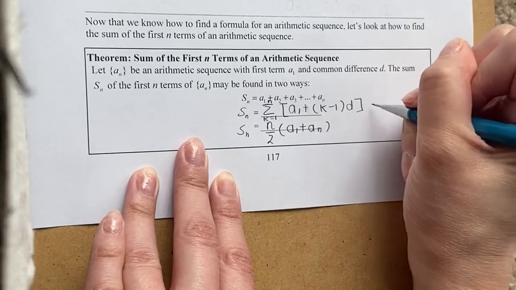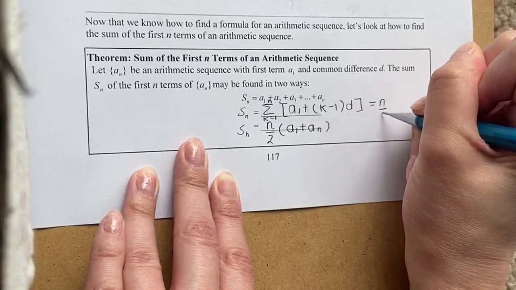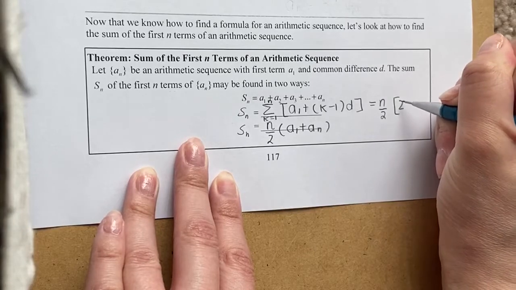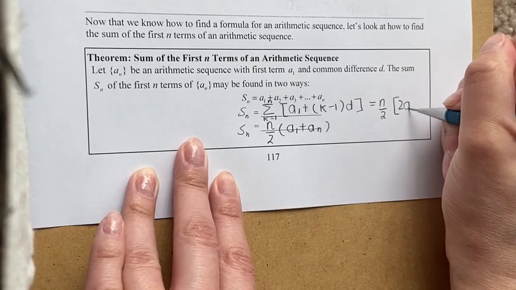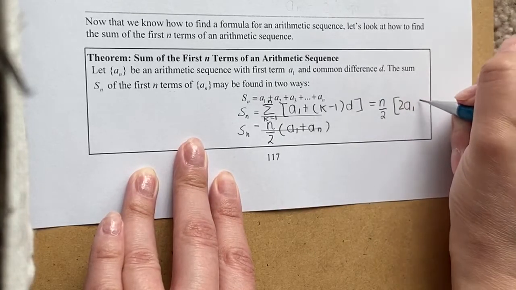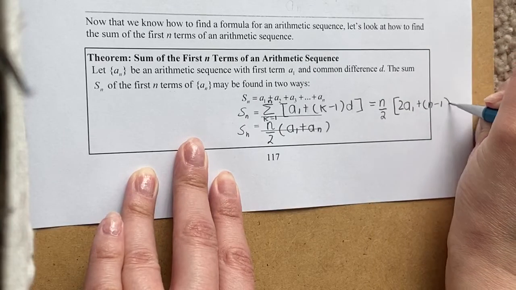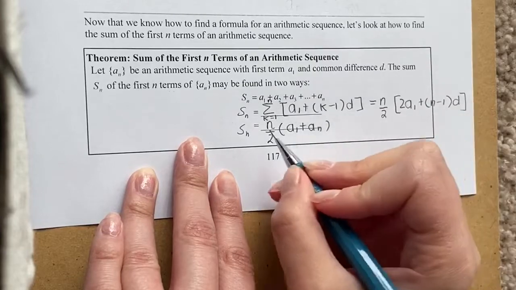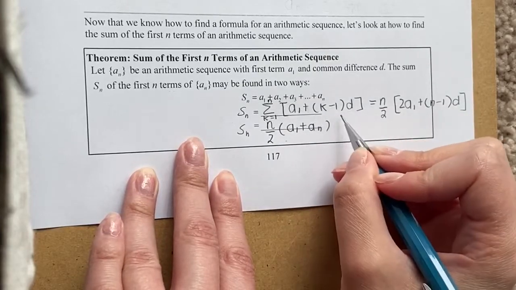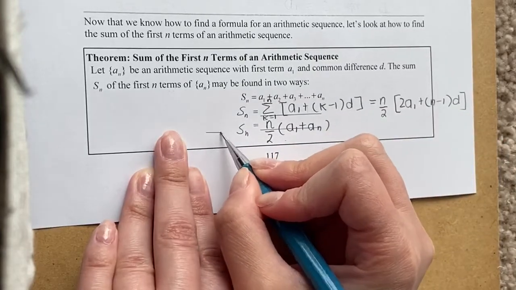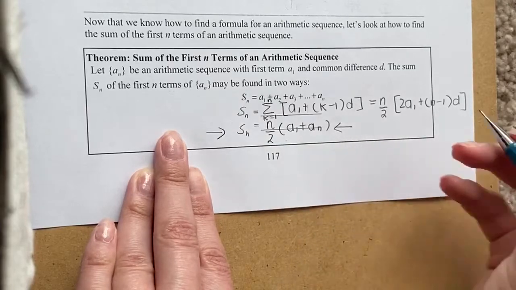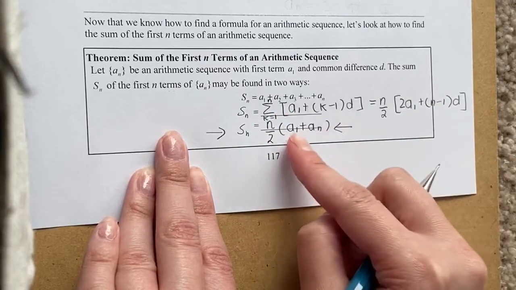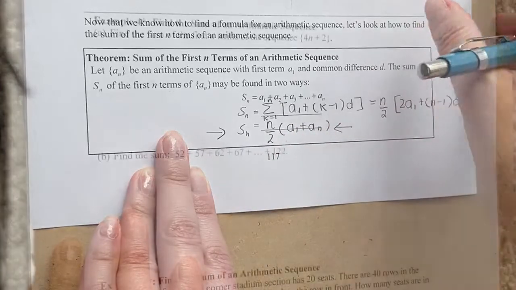This is equal to n divided by 2 times the bracket 2a sub 1 plus n minus 1 d. This formula comes from that too, but what you need to remember is the first one, the one we're going to use. I just want you to know where it comes from, that it's not that magical.